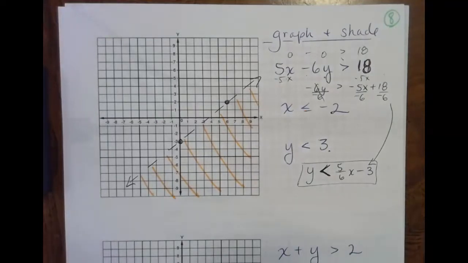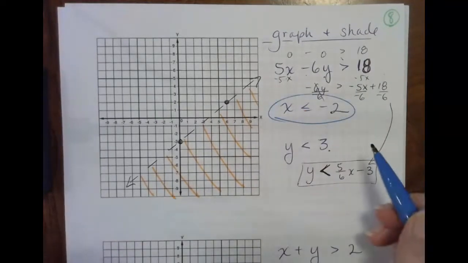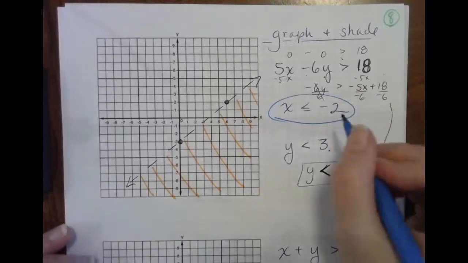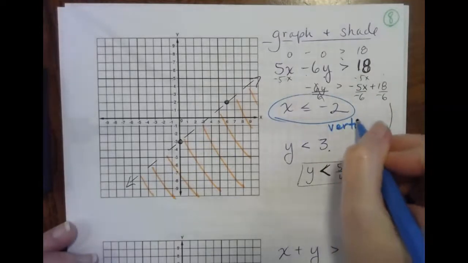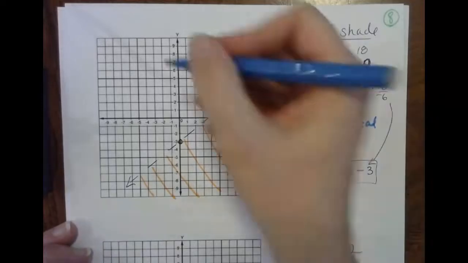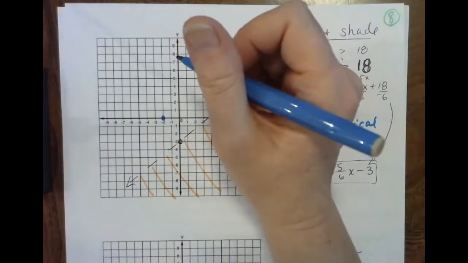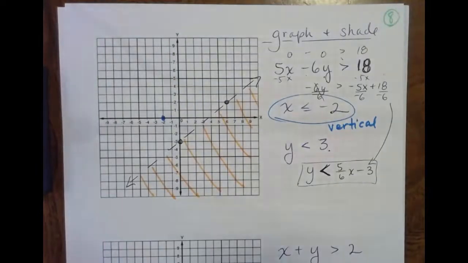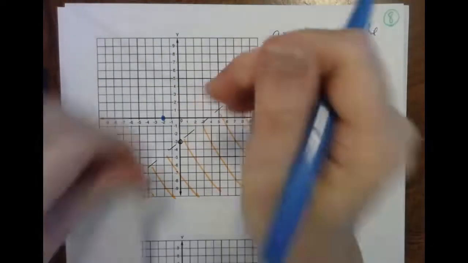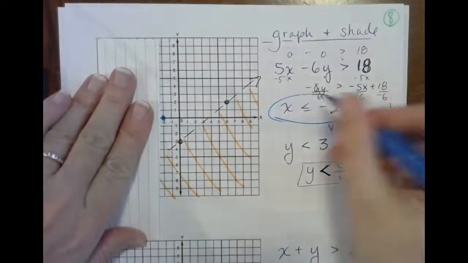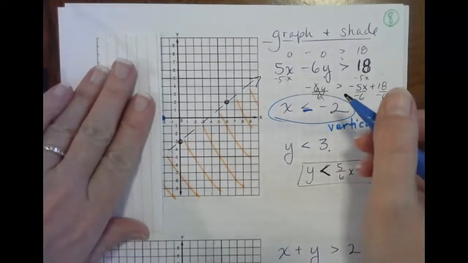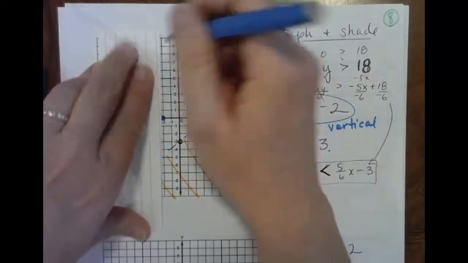Now let's draw x is less than or equal to -2. That, ladies and gentlemen, is a vertical line at x equals -2. So it's over here. Going back to my handy dandy note card as my straight edge, this time it's going to be a solid line because of the or equal to.